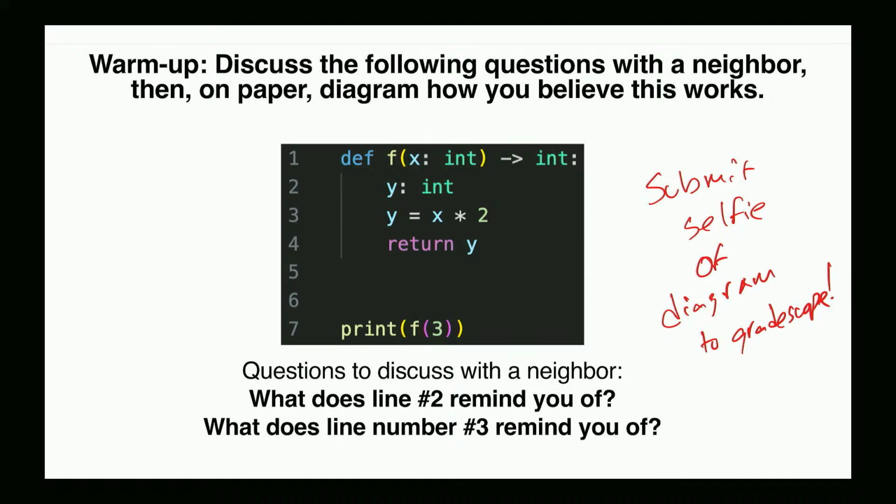Is there something else that line 2 reminds you of that we've seen before? It's not the keyword argument, but it's kind of like a parameter. Okay, right? So it's kind of like a parameter. Like in the line above, on line number 1, x is declared as an integer parameter. Here we're declaring y as what was correctly identified as a local variable.